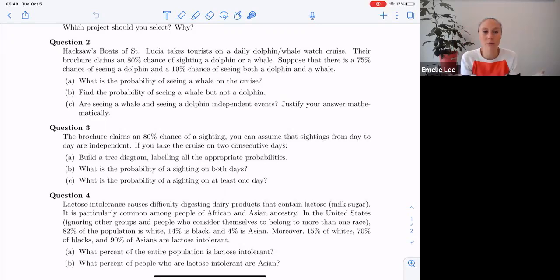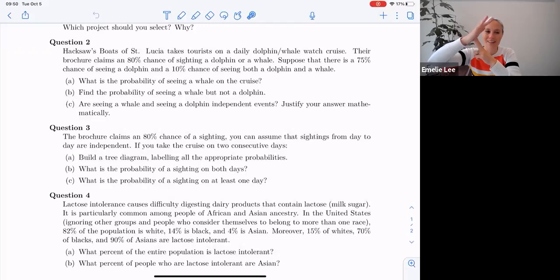And then regardless of what happened on the first day, you might have had a sighting. Then you go out on your second day and you might have a sighting or might not have a sighting, right? Or on the first day, maybe you didn't have a sighting. You go out again, they're independent. Oh, sorry, I just got a direct message here.